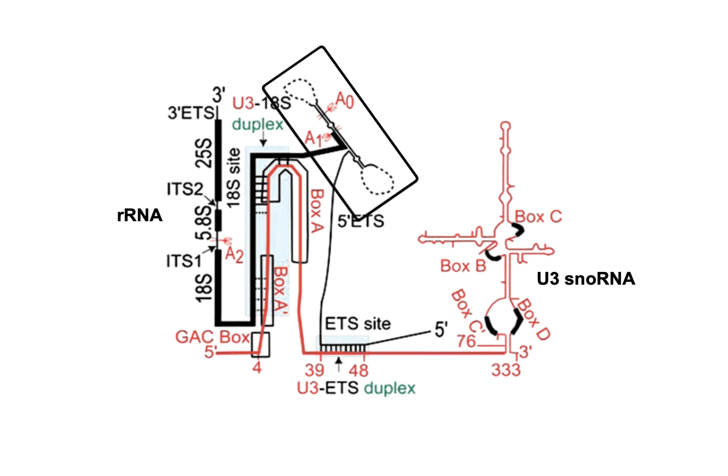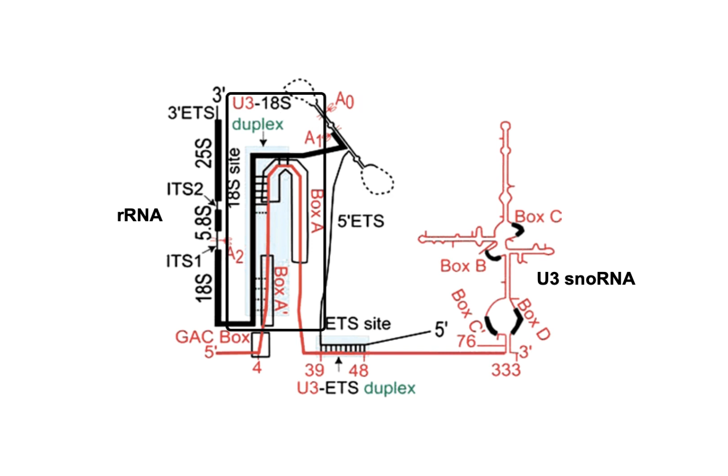That folds around, and then there's processing and clipping of that end, and then it proceeds down through box A and box A prime as well. And in folding, that ITS1 here at this A2 site is then chopped.